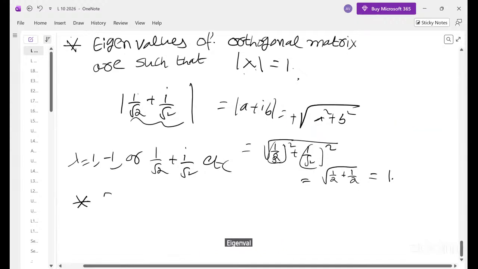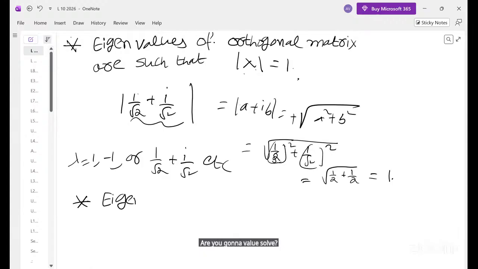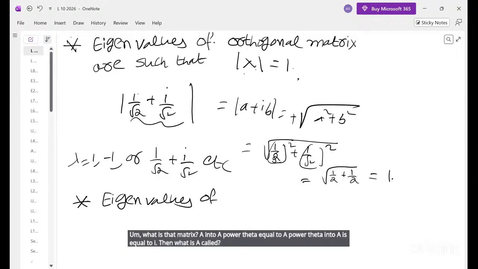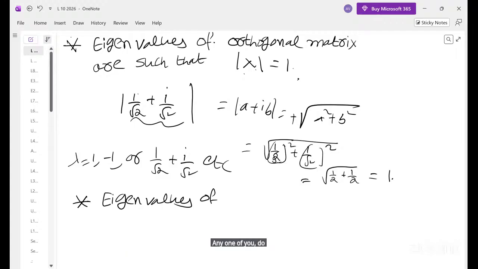Eigenvalues of a matrix A such that A into A conjugate transpose equals A conjugate transpose into A equals I. Then what is A called? Any one of you, do you remember? Unitary matrix.